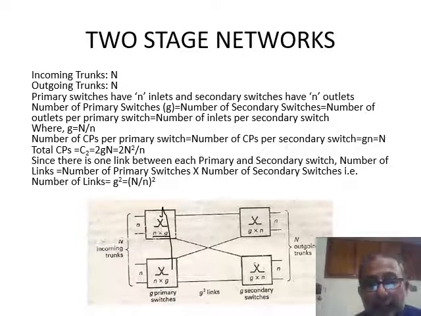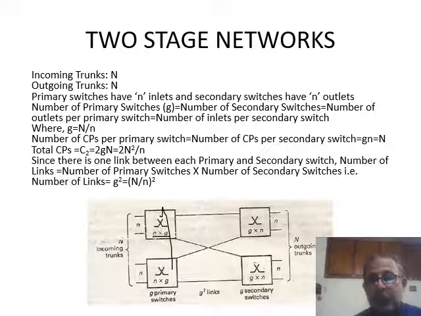So the total number of cross points in a two-stage network, this 2 represents, when we write C2, it means that we have got a two-stage network. It would be 2 into G into n. So we can replace G into n by capital N squared over small n.